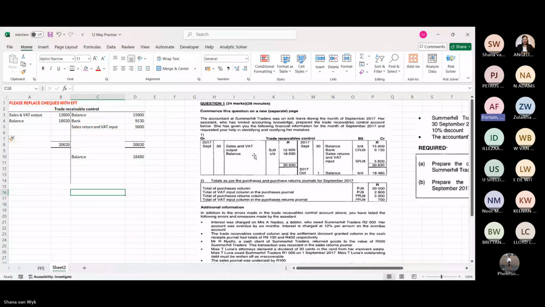But the question says the assistant who has limited accounting knowledge prepared it. So the balance would be on the debit side. So we must redo this entire thing.